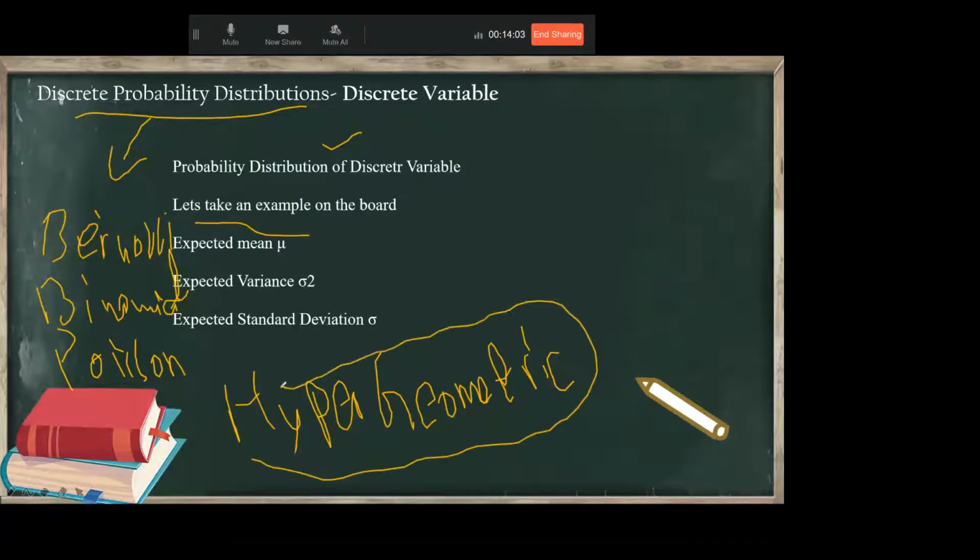All these are extractions from the discrete probability distribution, which you already know.